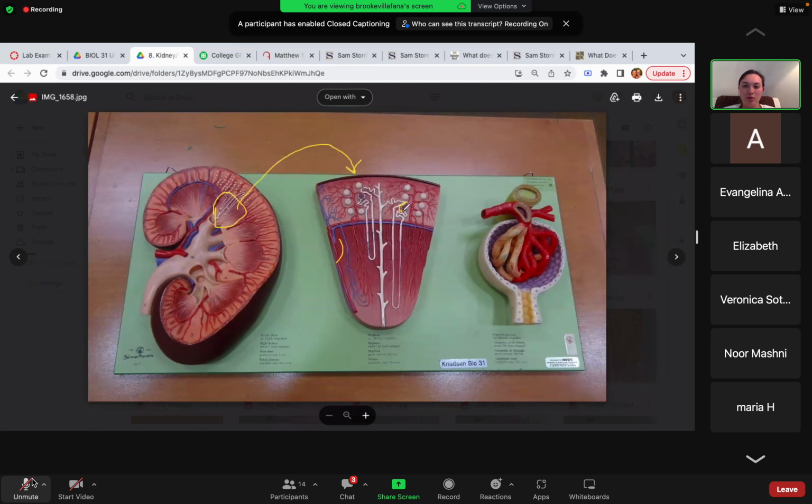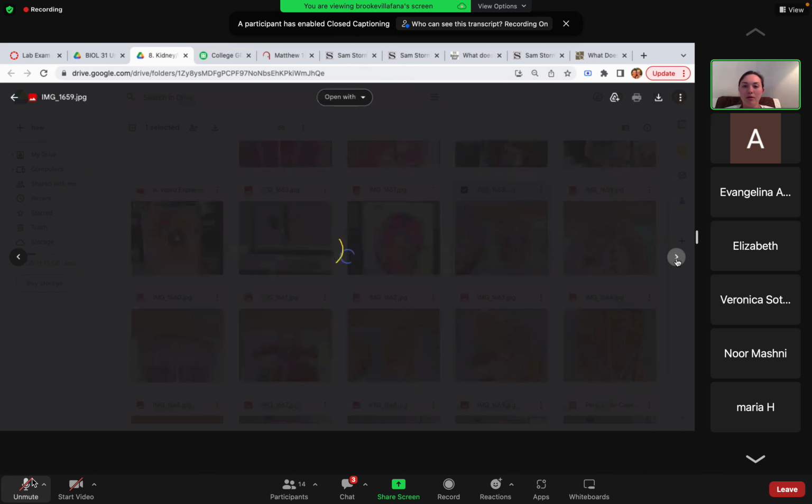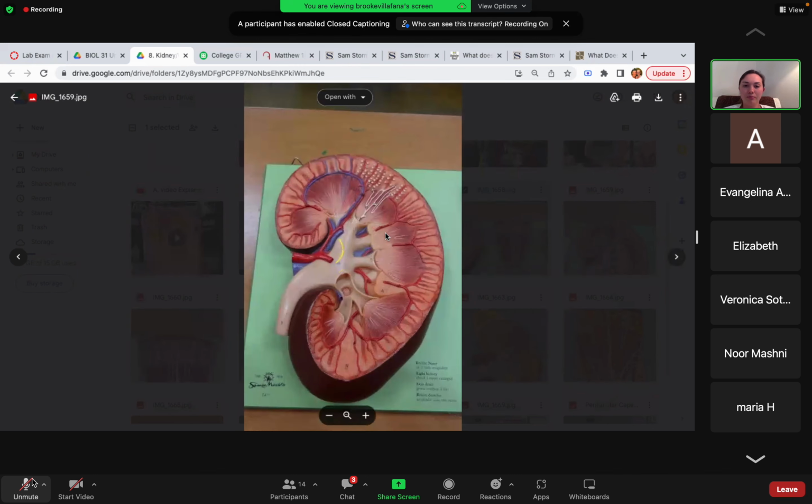Then there's these little glomerulus section, and that is a glomerulus zoomed in. Does that make sense? So these models are zoomed in versions of each other across the model. So first, we're going to talk about the kidney again, and then we're going to go to the pyramid, and then the glomerulus.